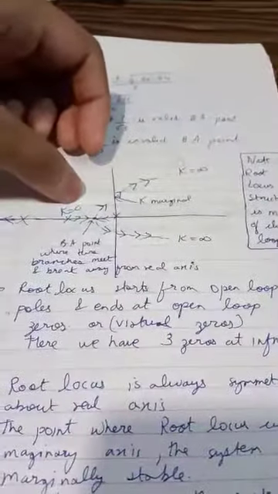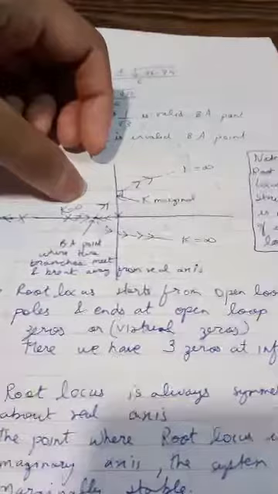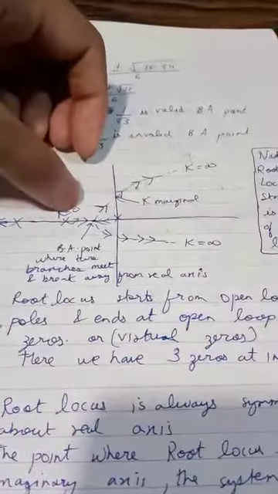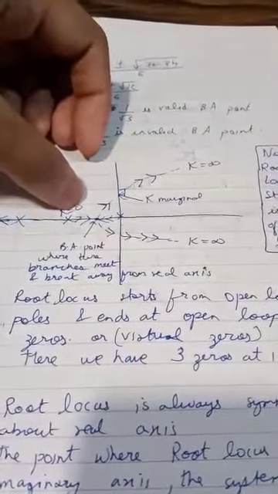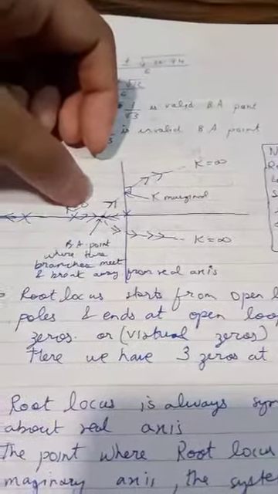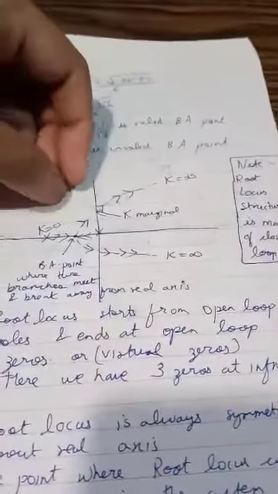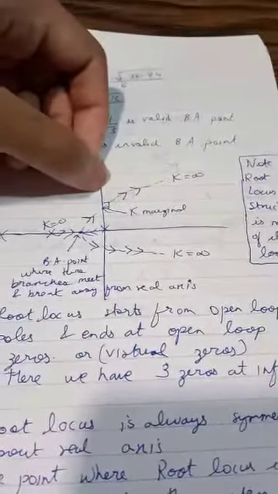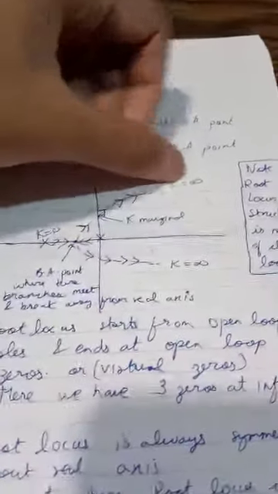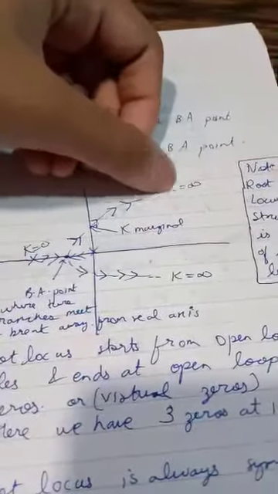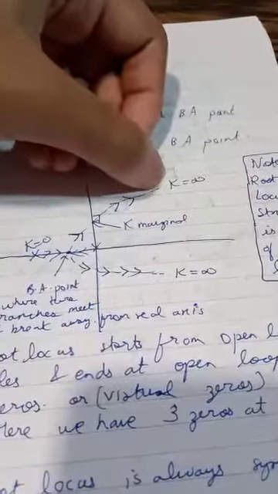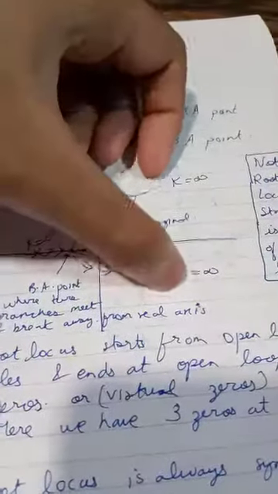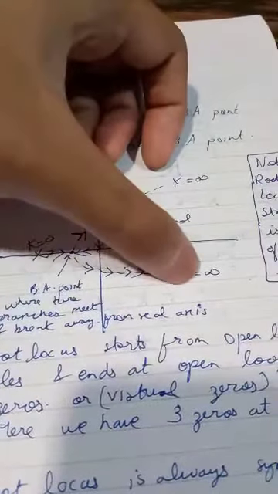So the root locus starts from open loop poles and ends at open loop zeros. If we don't have zeros, then we can consider the zeros at infinity. In this example we didn't have any zeros, so we considered 3 virtual zeros at infinity. First virtual zero is somewhere here, second somewhere here, and third somewhere here.